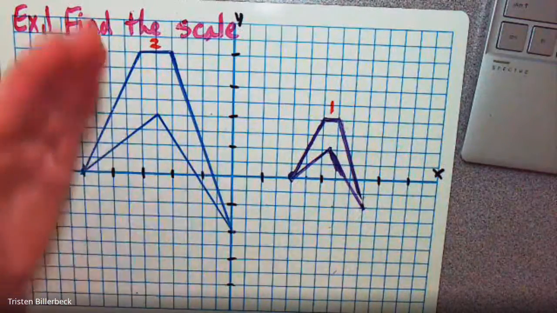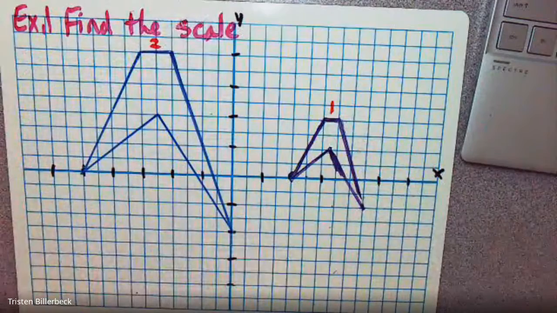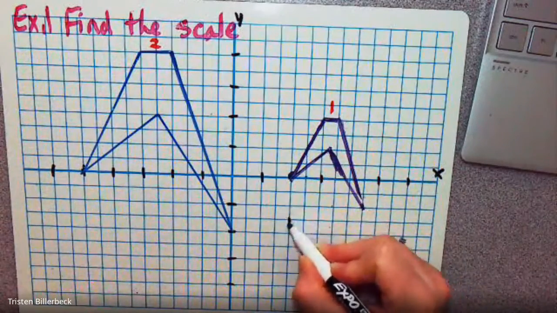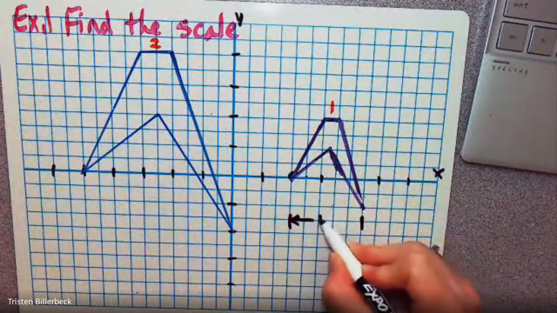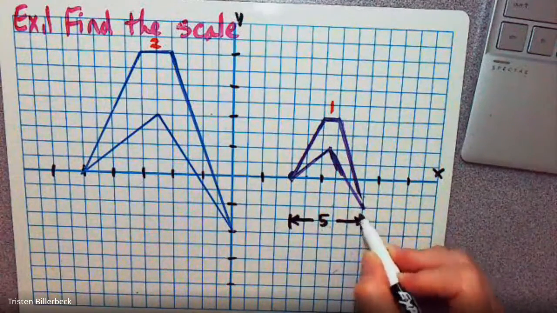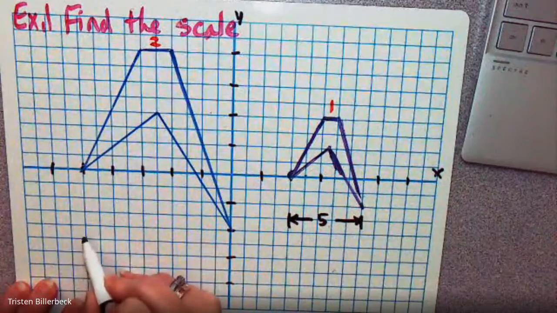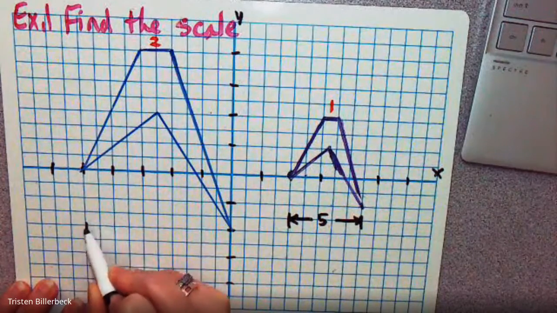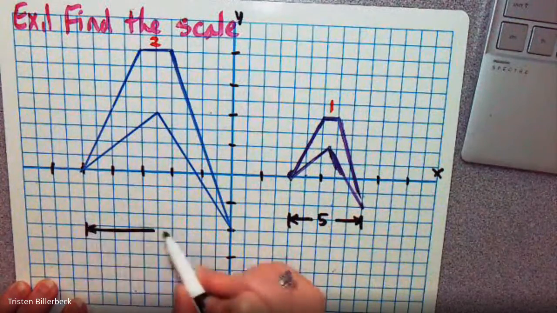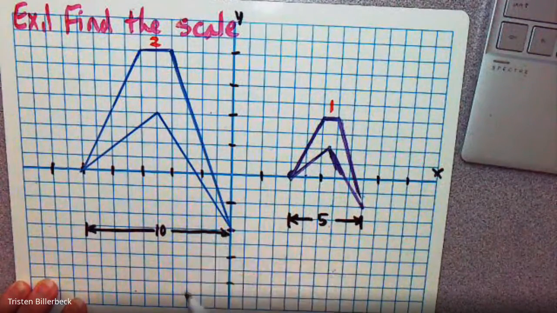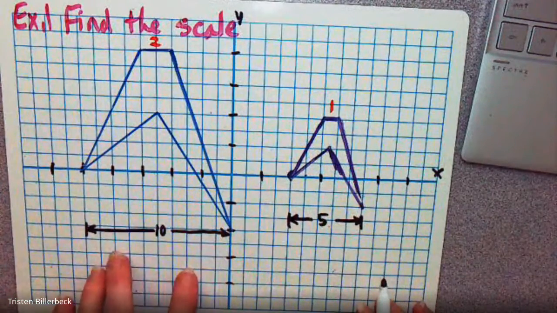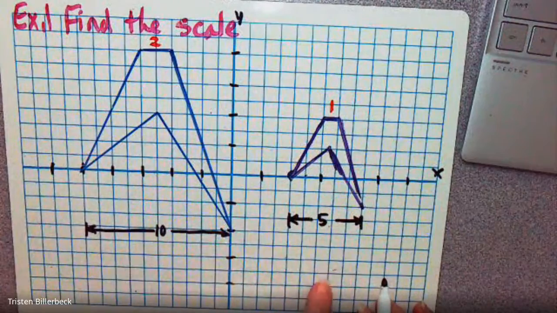Since these are really hard to figure out, we could just find this width right here, which is 5. And this width here is 10. I'm teaching you the easy way to do it, by the way. So it's 10. So we have a reduction going on.